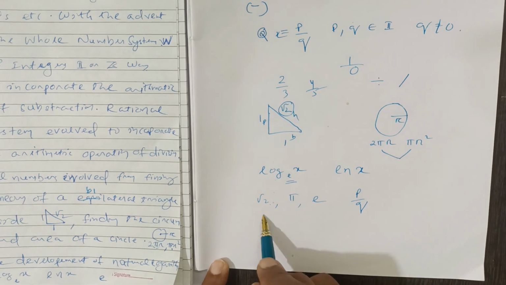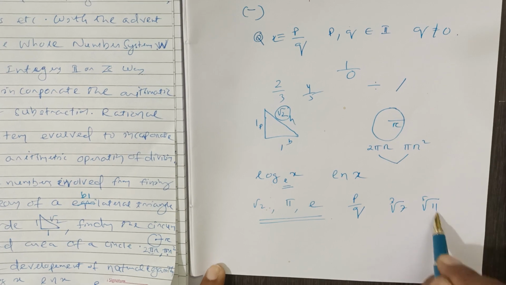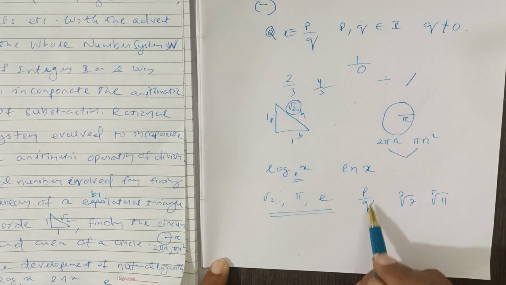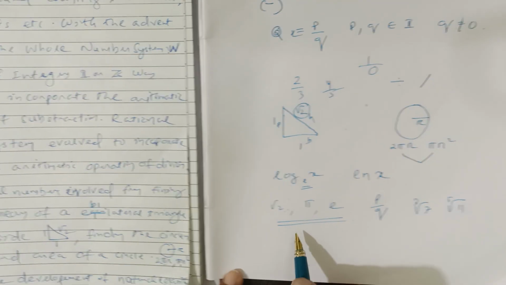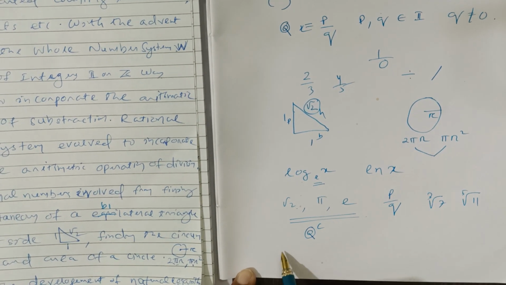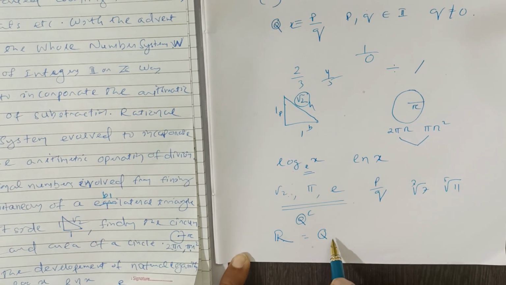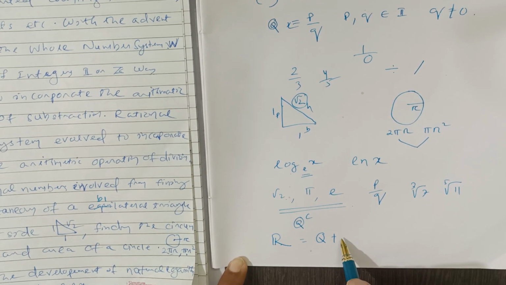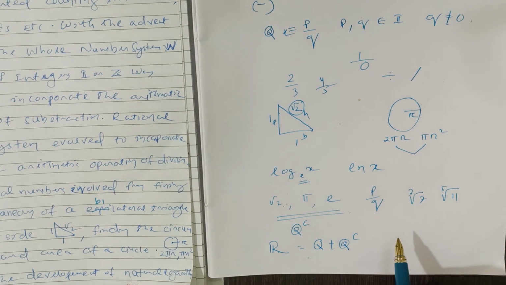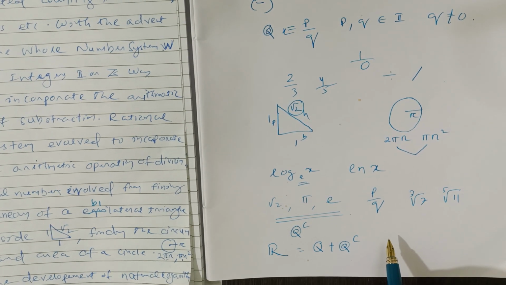So these numbers and many other numbers, cube root of 7, fifth root of 11, and many other numbers which cannot be expressed in the form of p by q or as rational numbers, were called irrational numbers, denoted by Q^c. And finally, friends, the set of real numbers, denoted by R, is the union of the rational numbers and the irrational numbers. All these things we had studied in the evolution of the real number system.